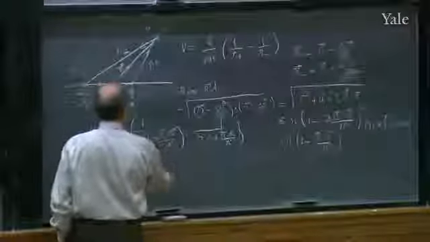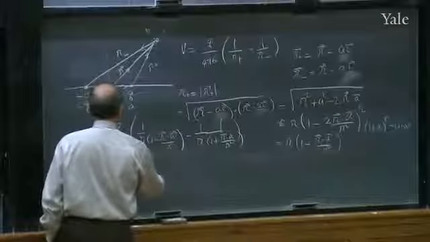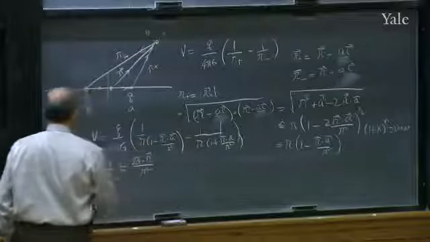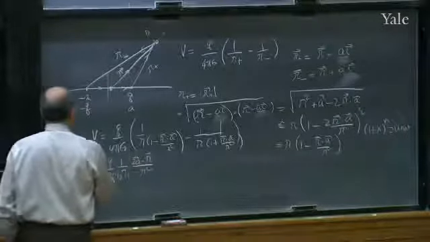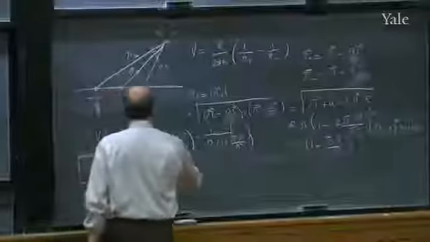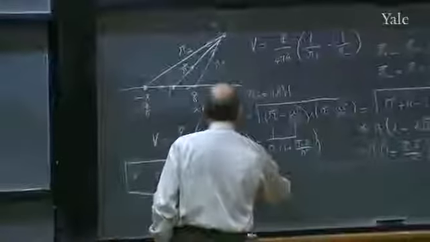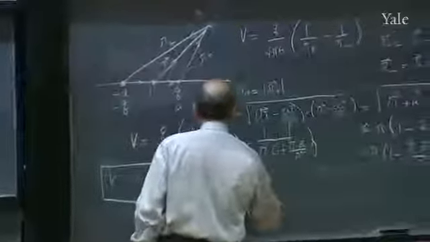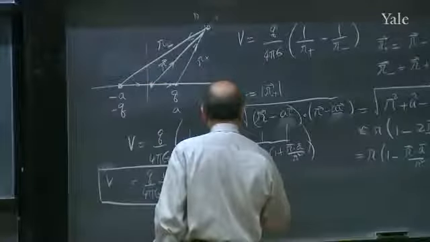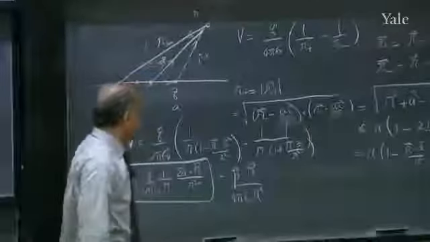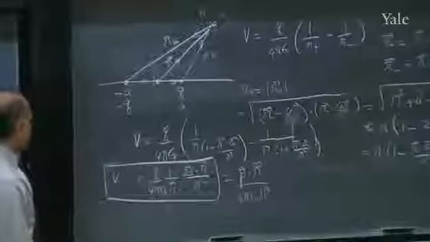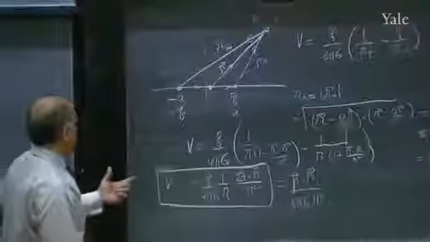If you simplify this again, you'll get twice A dot R divided by R squared. That's the potential. Now twice A times Q is the dipole moment, so it's P dot R divided by 4 pi epsilon 0 R cubed. That's the final result. P is the dipole moment. Dipole moment is the charge times the separation between the charges, which is 2A times Q.